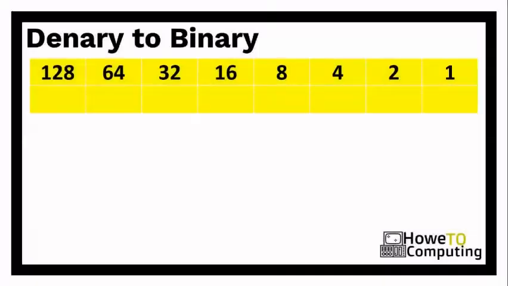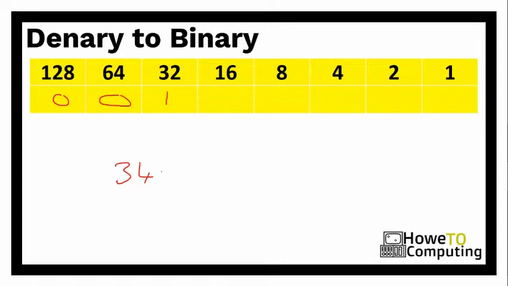For the next one, if we need to convert the other way, denary to binary, let's say we had the number 34. What we do is ask, is 34 greater than 128? No, so it's 0. Greater than 64? No, 0. Greater than 32? Yes, it is.